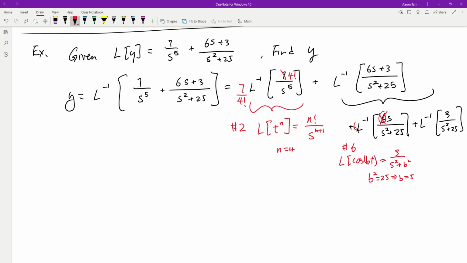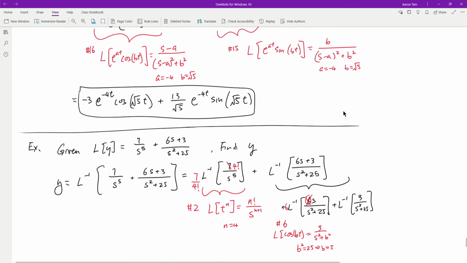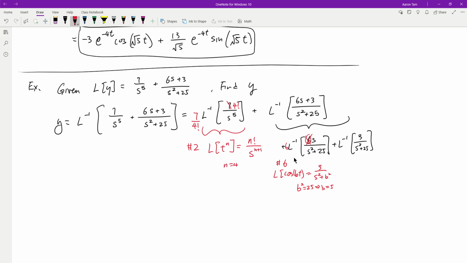Okay, and now what happened to the last part? The last part right here is rule number 5, because we have a constant on top.